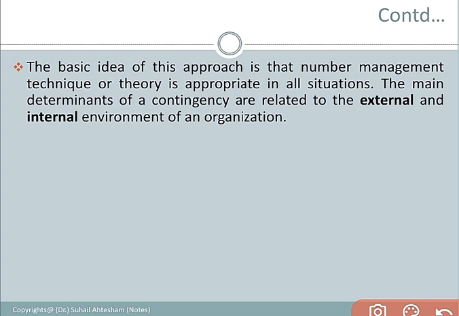The basic idea of this approach is that no single management technique or theory is appropriate in all situations. The main determinants of contingency are related to the external and internal environment of the business.